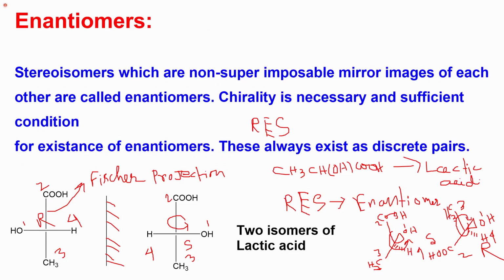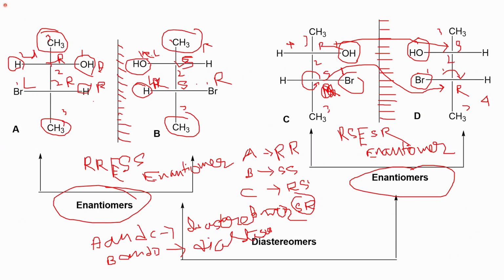If it is an enantiomer, then R and S will be non-superimposable mirror images. Then only it will be the enantiomer. Not only enantiomers, we also talked about diastereomers and how they look. I have discussed four examples, A, B, C, D, where A and B are enantiomers of each other.